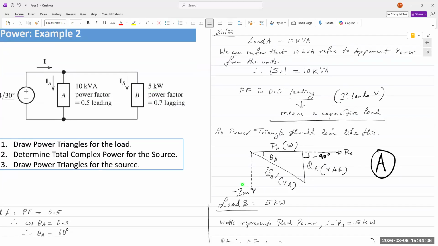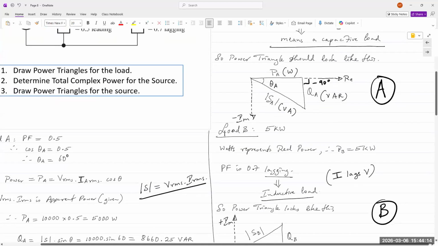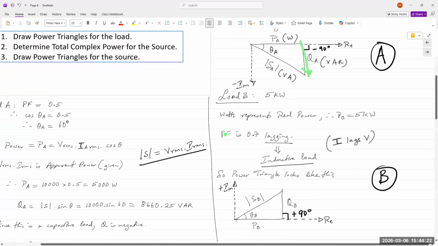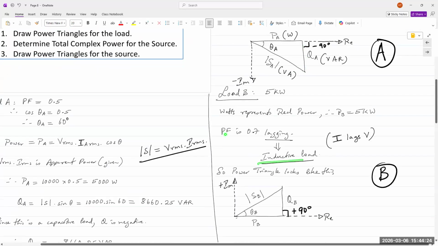That's the approach we are taking. Again, leading means a capacitive load, power triangle points down. Lagging means inductive load, power triangle points up, plus 90.